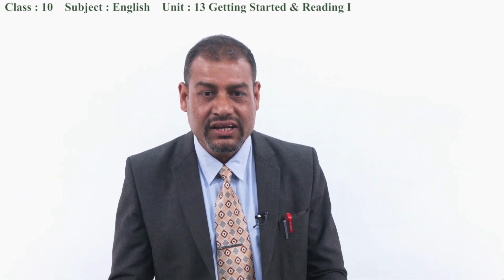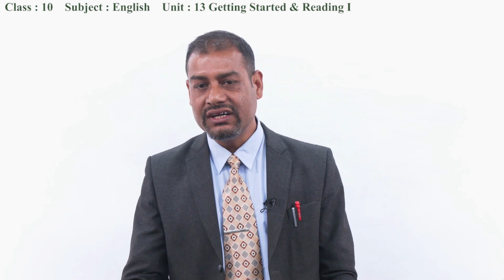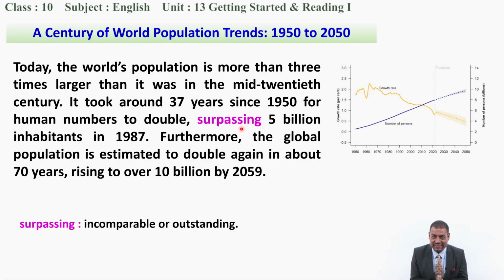And before that one, we have a highlighted word here, surpassing. So, have you guessed the meaning before I show you here? What did you think the meaning of surpassing? Now, the meaning of surpassing is incomparable or outstanding. So, this is what 5 billion and within 70 years again 10 billion, see, double, okay?